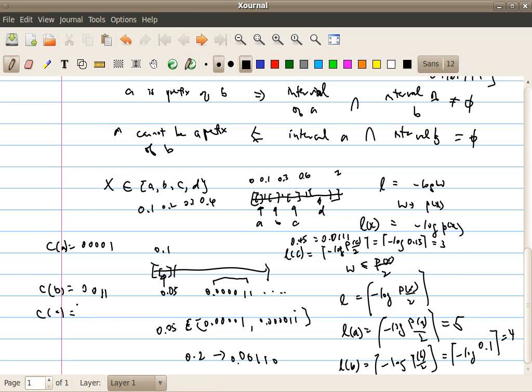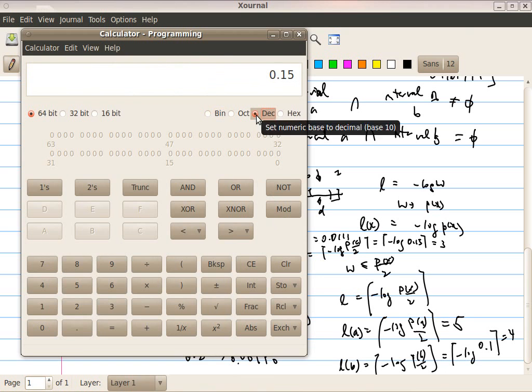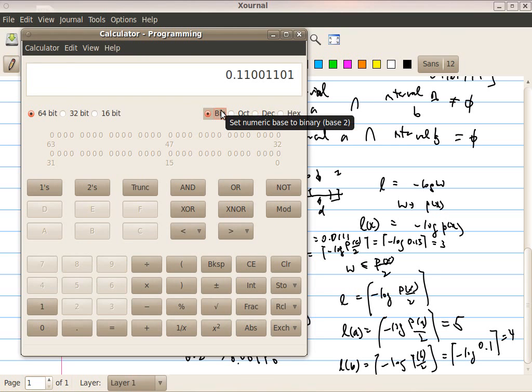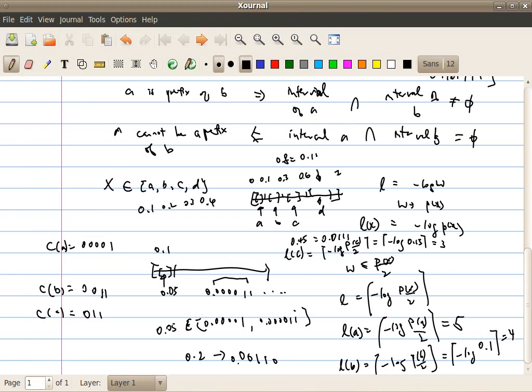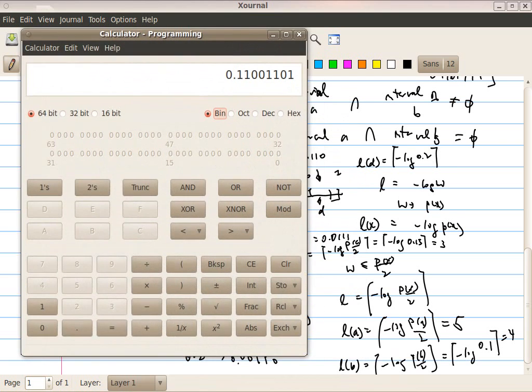So the codeword for C should be 0.101. And for D, the midpoint of D is 0.8, which is 0.110, and LD is equal to minus log PD over 2, which is 0.2 over 2, so that is equal to 3 again.